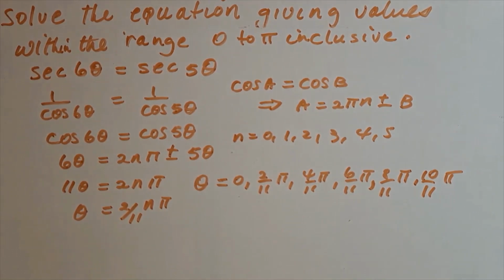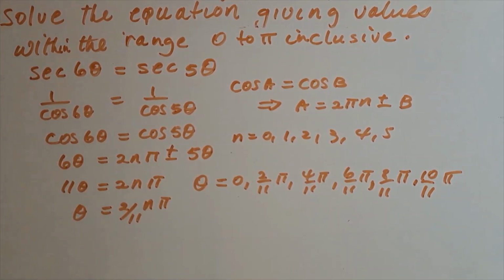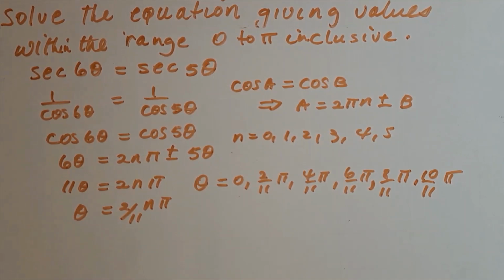These are the solutions. Don't take my word for it. You can substitute it in this equation and make sure that the left-hand side is equivalent to the right-hand side.